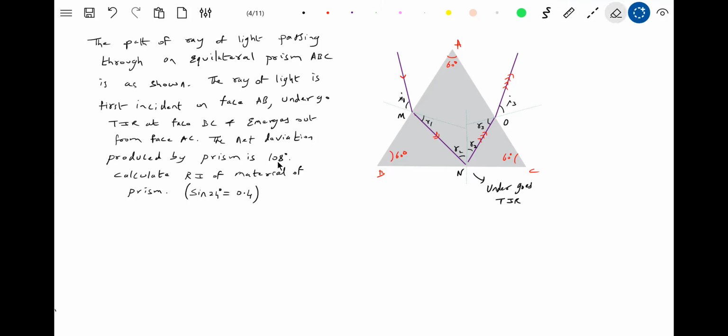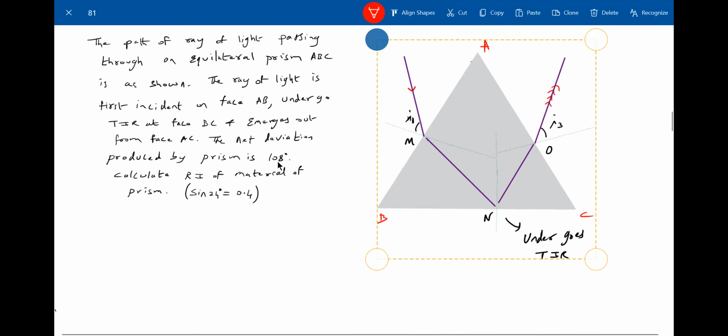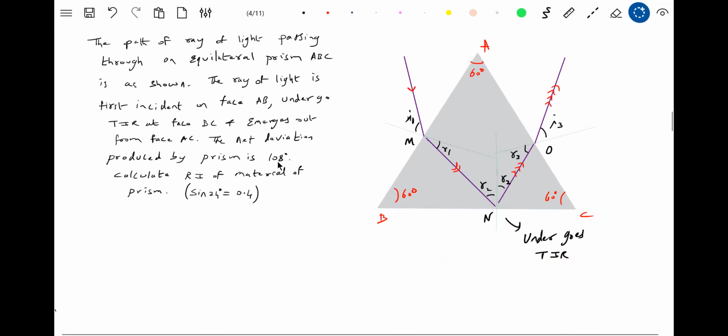So carefully, let me expand the diagram so you can see all the things.